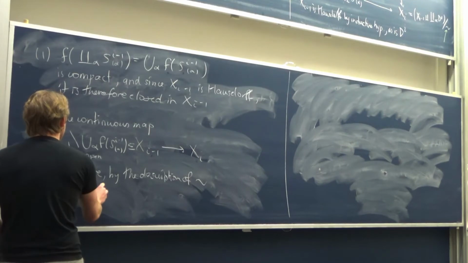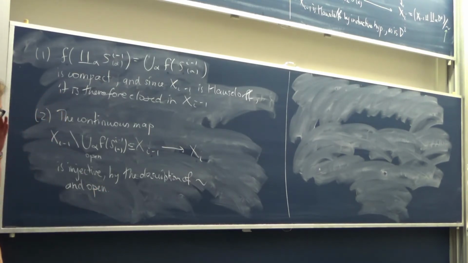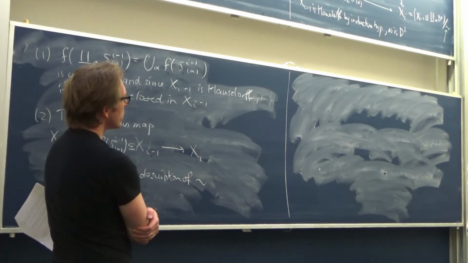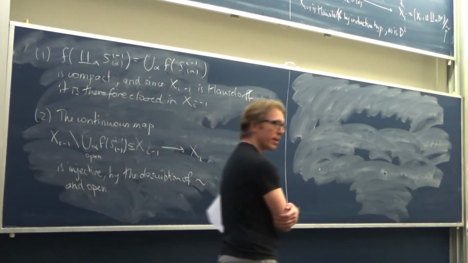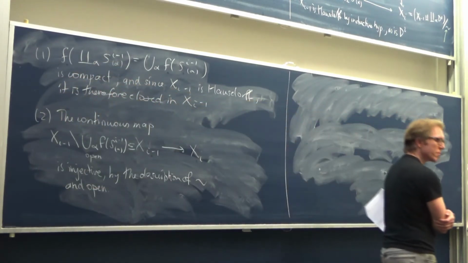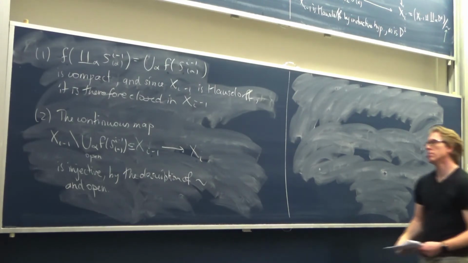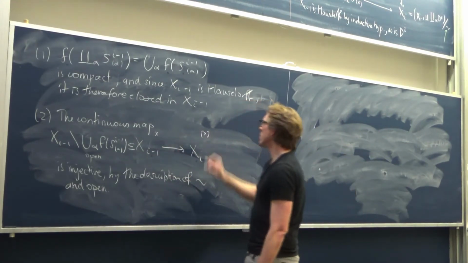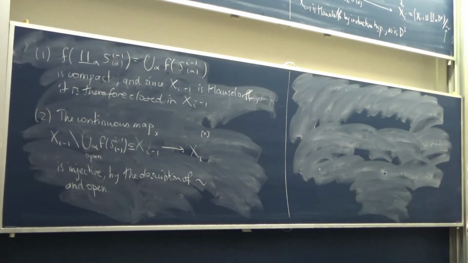And it's open. Well, that's by the first part of that exercise. Sorry, just to be clear, the map you're talking about there is just sending x to x, right? Yeah, that's right. It's the quotient map.